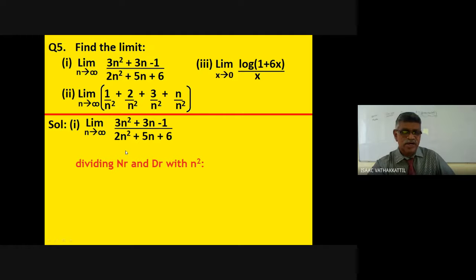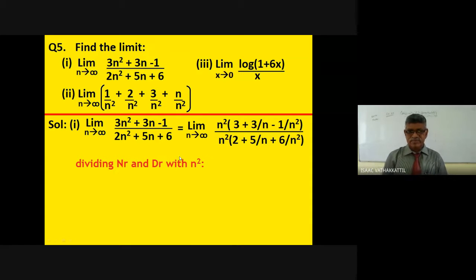We get limit n tends to infinity, 3 plus 3 by n minus 1 by n squared, and in the denominator 2 plus 5 by n plus 6 by n squared, with n squared taken out. N squared into 3 plus 3 by n minus 1 by n squared upon n squared cancels.